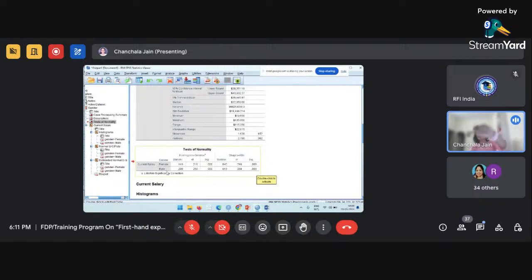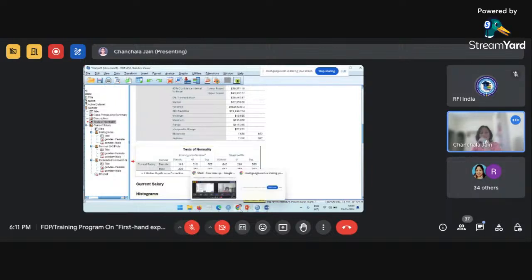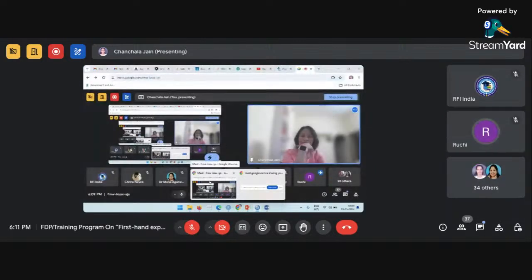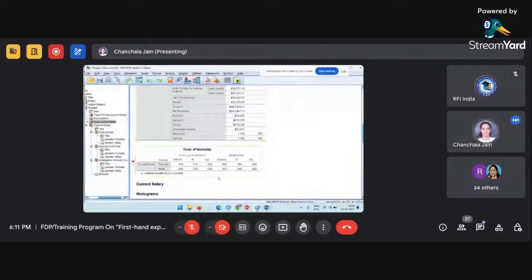So can anyone tell me what conclusion we will draw from this test of normality table? That the data is following a non-normal distribution. Right. That means your current salary for the male and female, for both the groups, is not normally distributed, right?